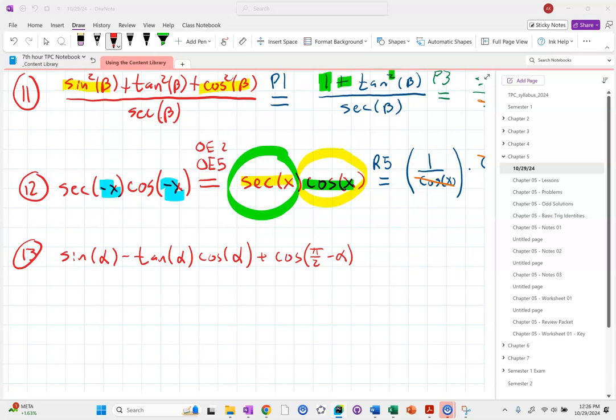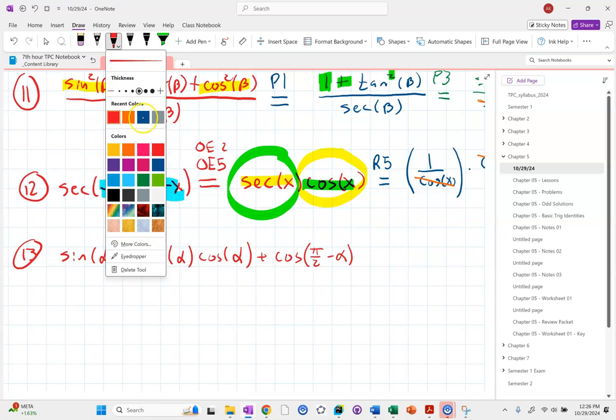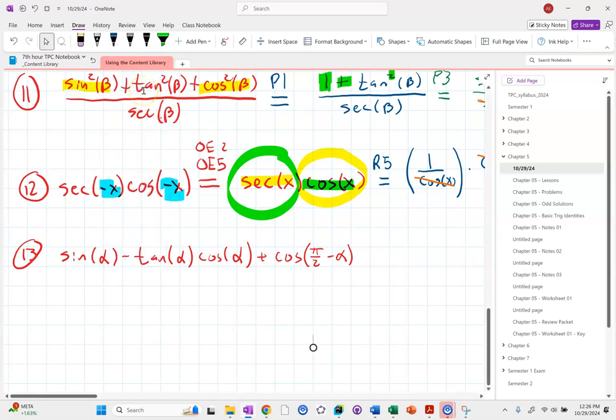Who's going to be our next victim? Abby. We meet again so soon. Identity, algebra, which one? Okay. Great. Which identity are you planning on using? C1. With C1?